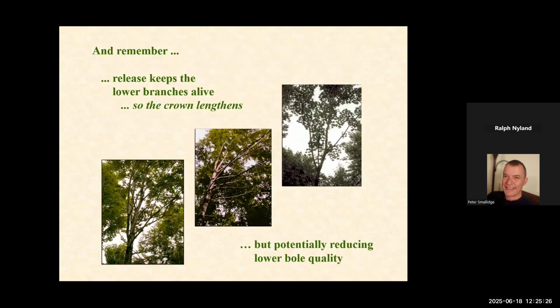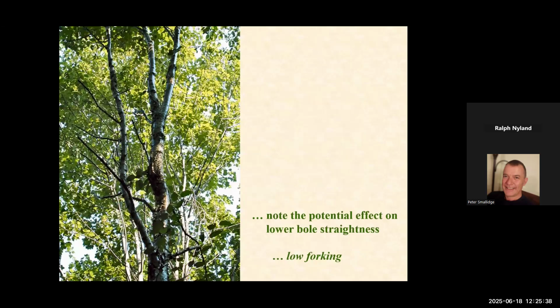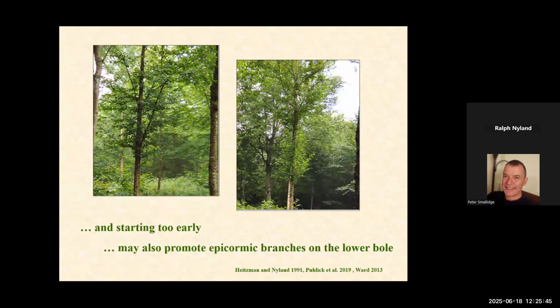Remember, when you release trees in these fashions, that keeps the lower branches alive, so the crown lengthens, but potentially reducing lower bole quality. Look at this case, the potential effect on lower bole straightness, the low forking. Or this case, starting too early may also promote epicormic branches on the lower bole, and if those persist, more knots.